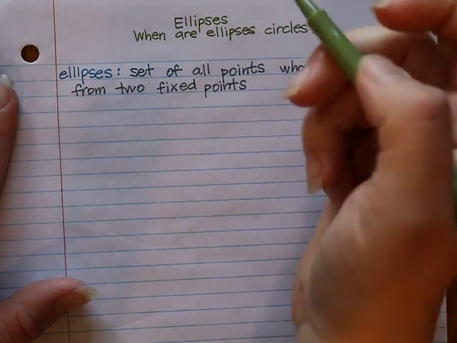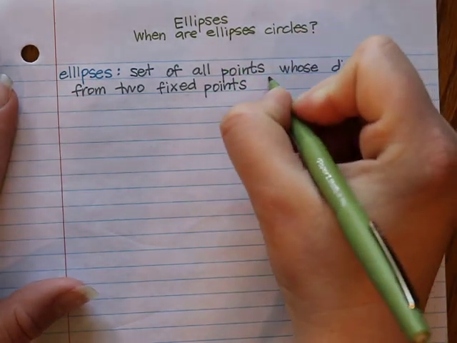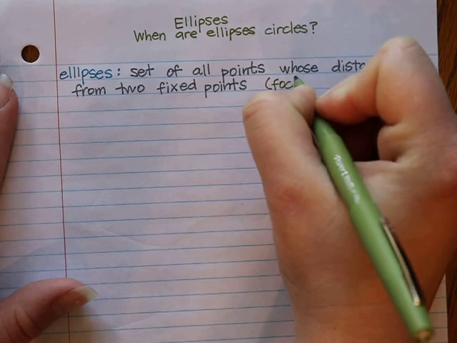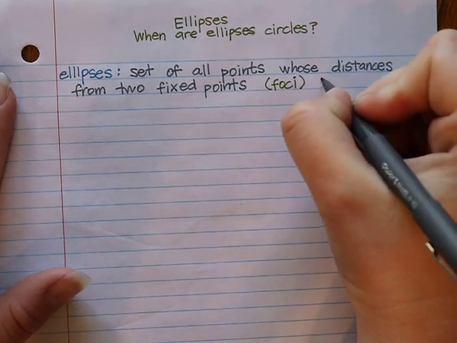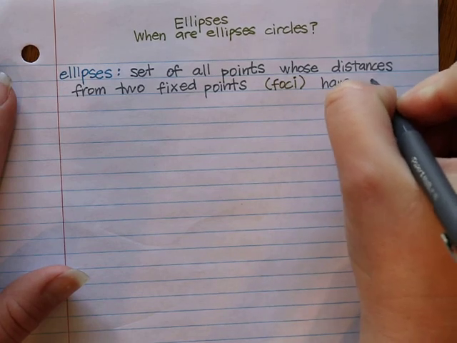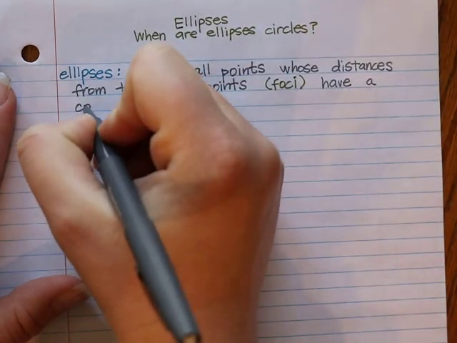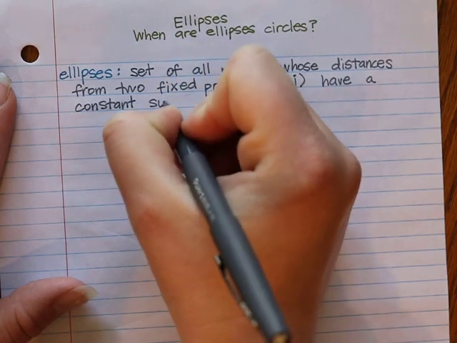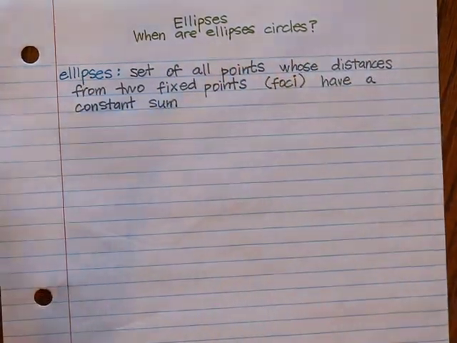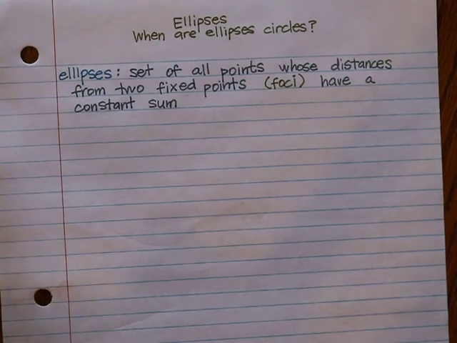About to give those a name. Those two fixed points are called foci. And those distances have a constant sum. So we're going to draw a bunch of points, but that's what we're going to kind of keep in the back of our mind.